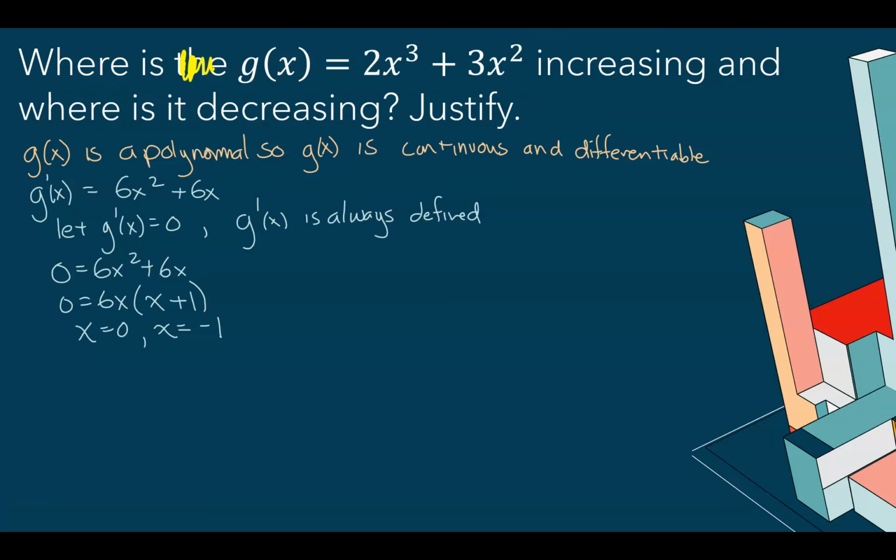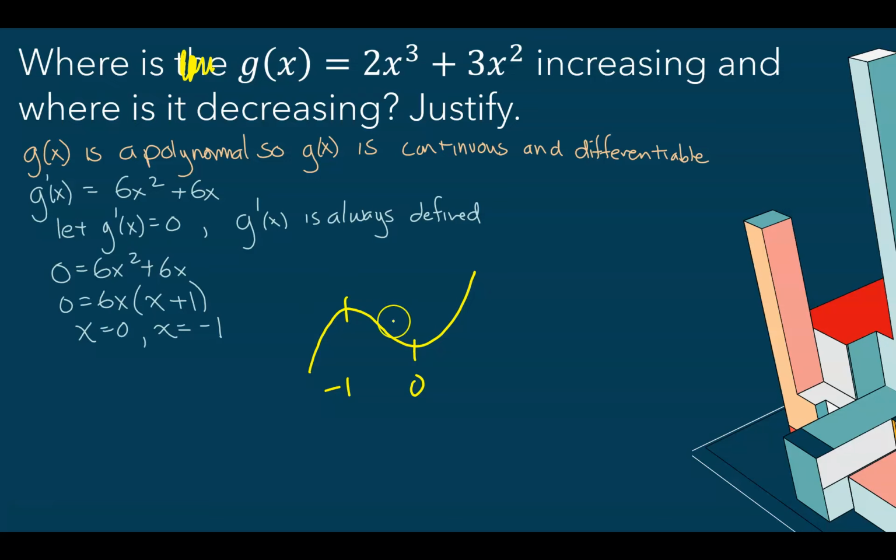So 0 equals 6x squared plus 6x. 0 equals 6x times x plus 1. So we get x equals 0 and x equals negative 1. I'm already thinking I kind of know where my answer is going to be. I should have g prime positive for x values less than negative 1, just because I know the shape of graphs like g of x.